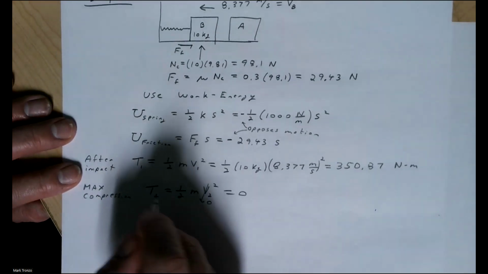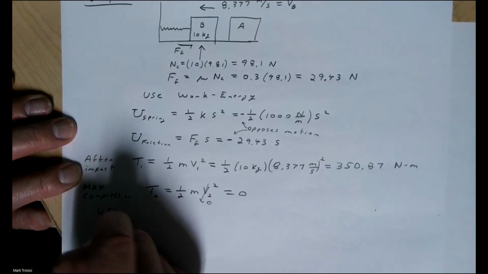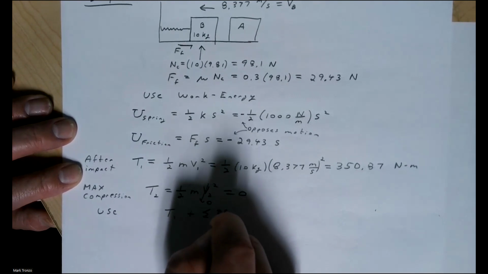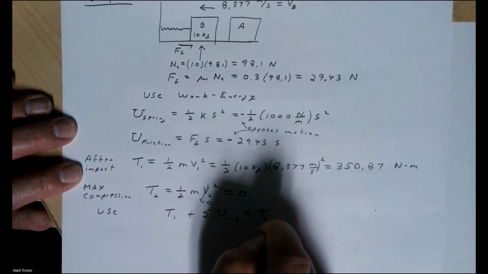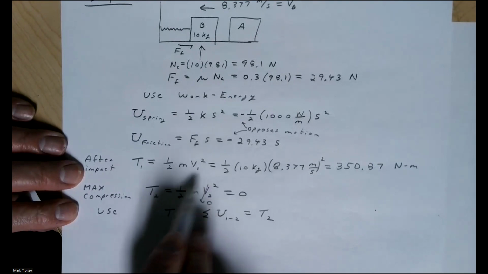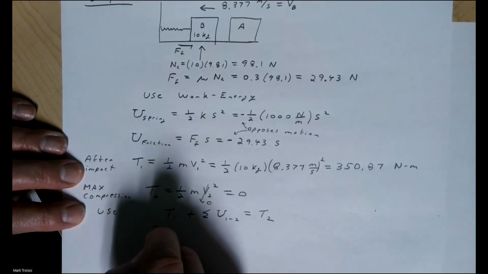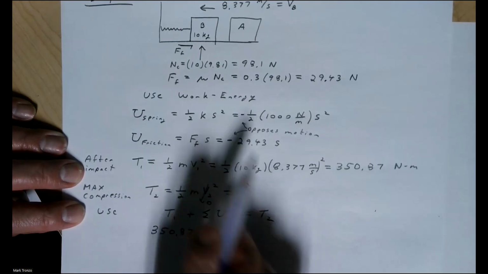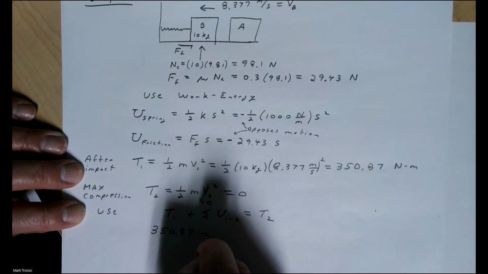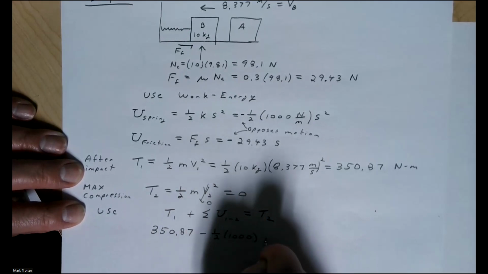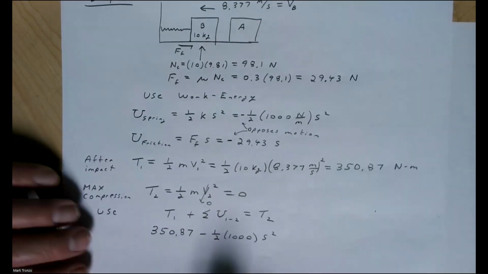So now we can use our equation. Use work energy: T1, summation of work from 1 to 2, equals T2. T1 here was 350.87. Then the work up here was negative 1/2 times 1,000 times s squared.